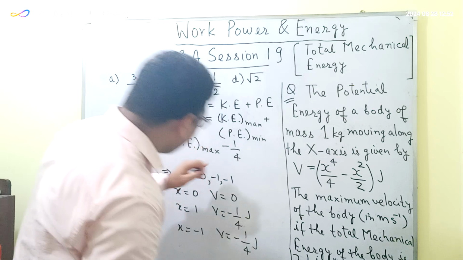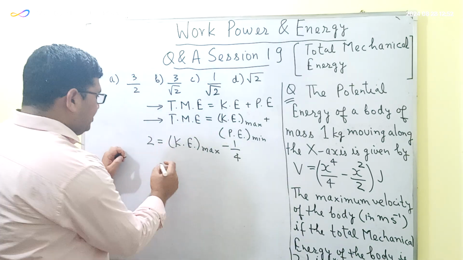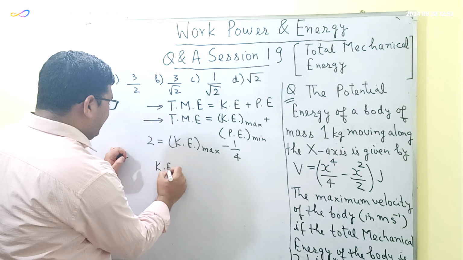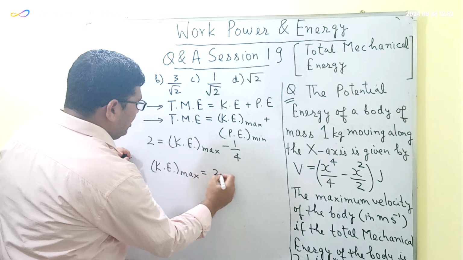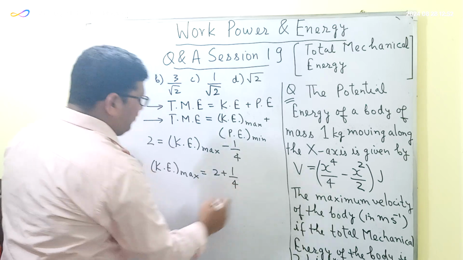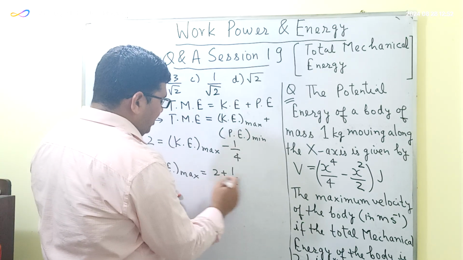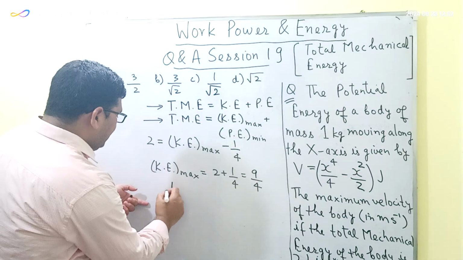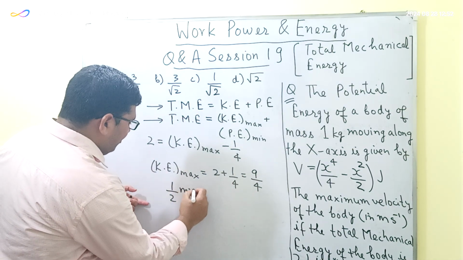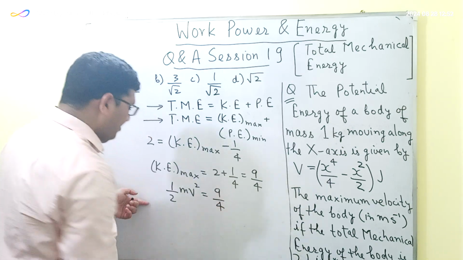So from this equation, the value of the maximum kinetic energy will be equal to 2 plus 1 by 4. So this is equal to 8 plus 1 by 4, which is 9 by 4. Now kinetic energy is equal to half m v square, and this will be equal to 9 by 4.